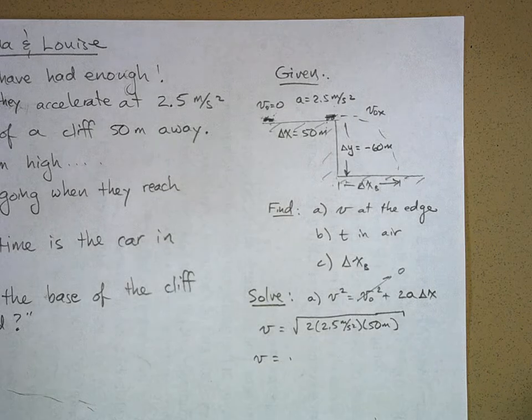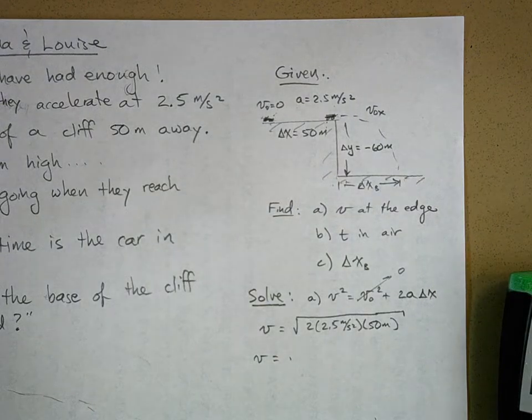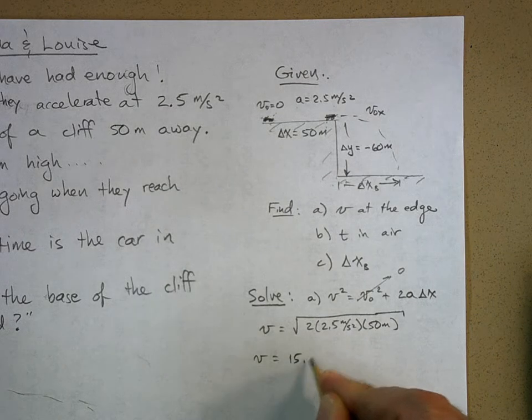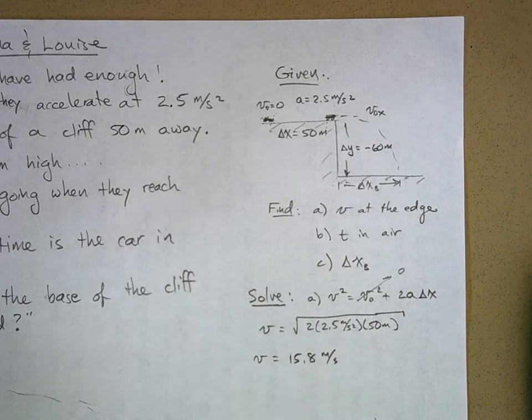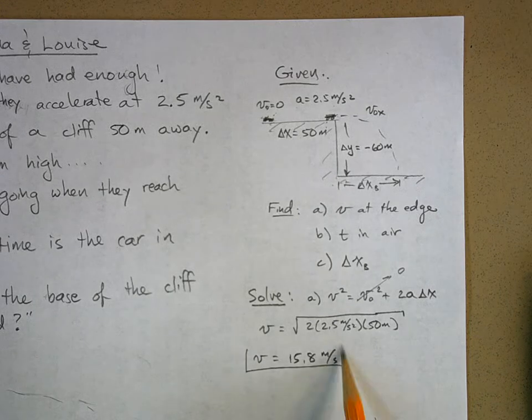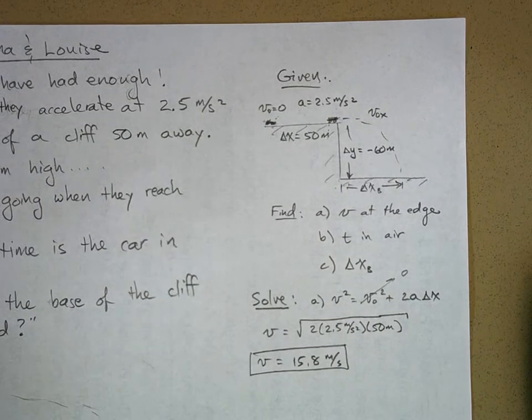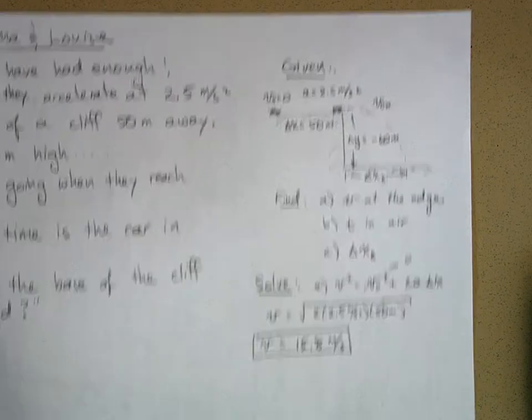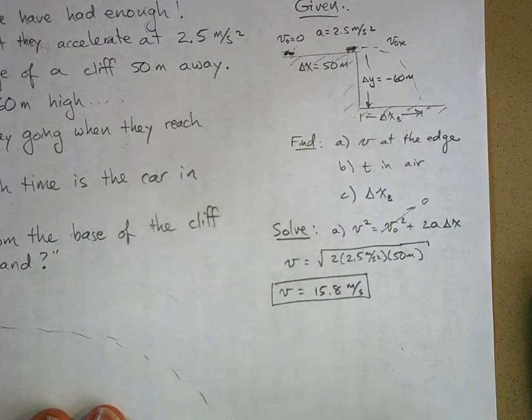Well, I guess I can plug all that in. 2 times 2.5 times 50 equals, and then I want to take the square root of that, so raise it to the 0.5 power, and I get 15.8 meters per second. And that's my answer for part A. Did y'all get that? Agree with that? Good. Okay, now let's do part B.